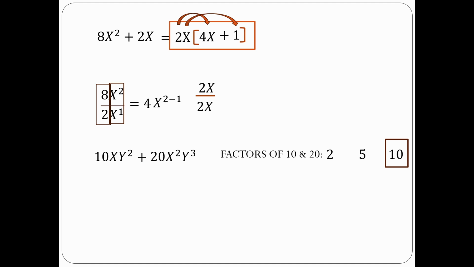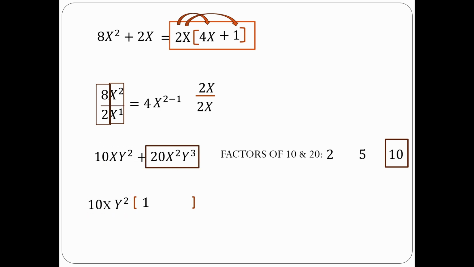Since the expression contains two variables, our GCF is 10xy squared. The GCF for the variables x and y will be the least power. Now let's divide 10xy squared by 10xy squared, and the answer is 1.